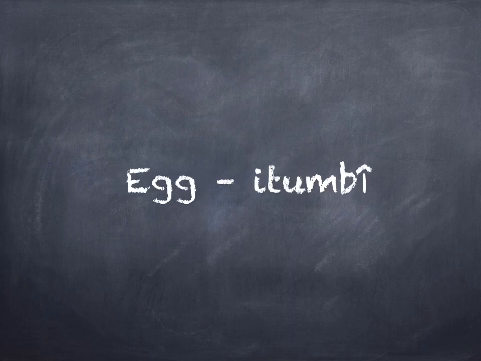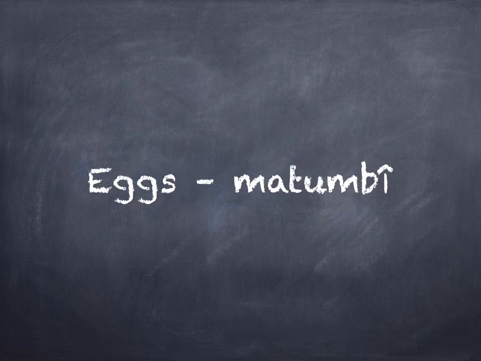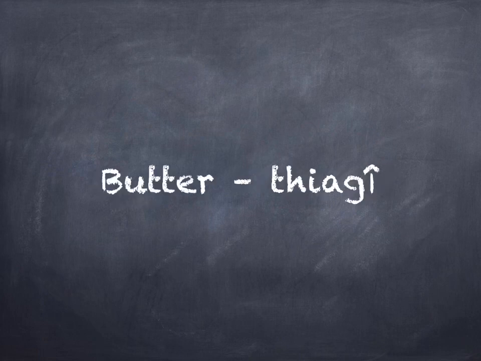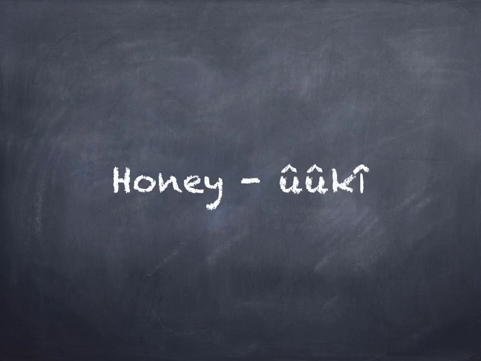One egg is known as itube, and matube for the plural. Butter is known as thiagi. While honey is okay.